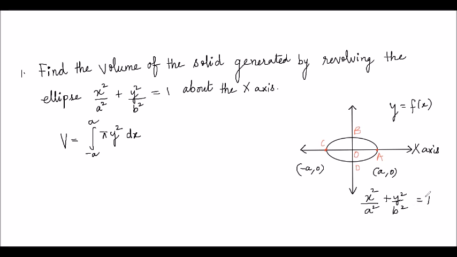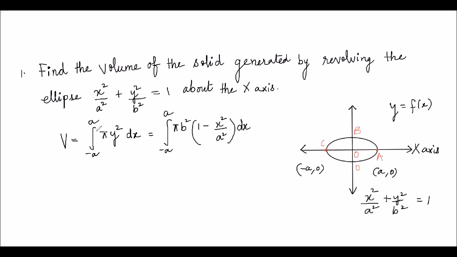So from this we can easily find out y square. Y square will be b square multiplied by 1 minus x square upon a square. We will be obtaining this y square by solving this equation of ellipse. So if I write down here, we can write it as integral from minus a to a, pi y square, and from the equation of ellipse, we will get b square times 1 minus x square upon a square dx.